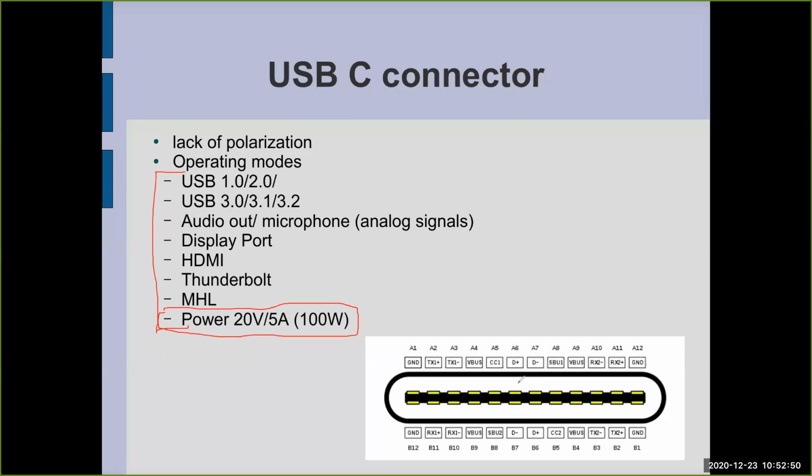So every path is doubled, but they can be connected to different devices. But what is the benefit of it? The benefit is that there is no polarization. I can connect this plug on one side, and I can turn it by 180 degrees and connect it also.